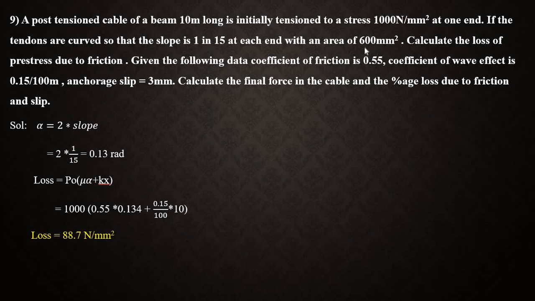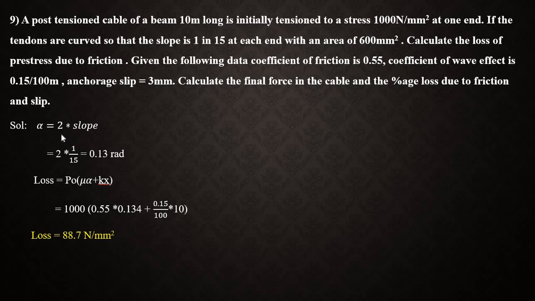For this data we should use the coefficient of friction, coefficient of wave effect and the anchorage slip, and we should find the percentage loss due to friction and the slip. So let's start with the solution.